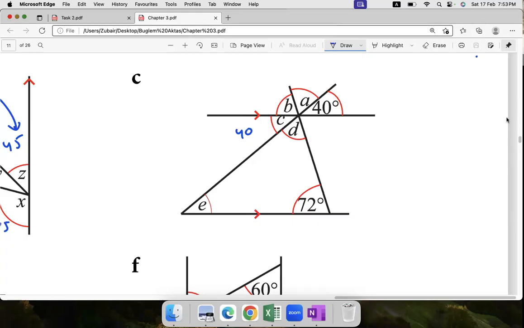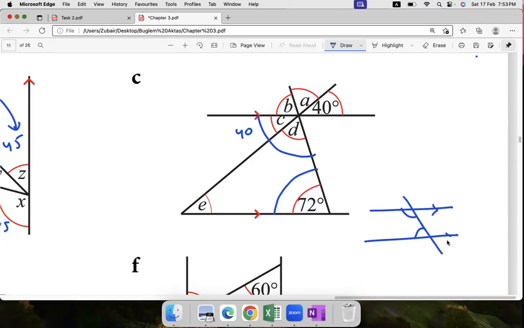No, not 32. 180, subtract that. 68? 68. You see these two angles, they are angles between parallel lines.